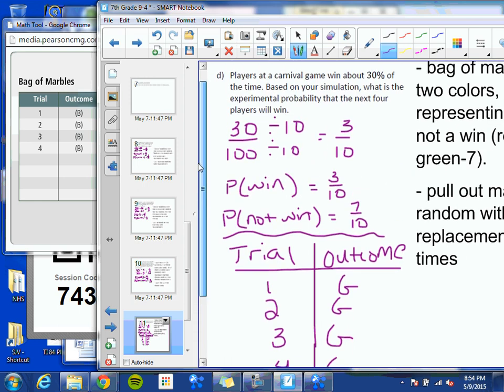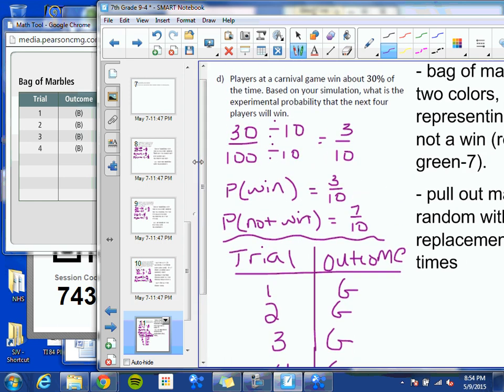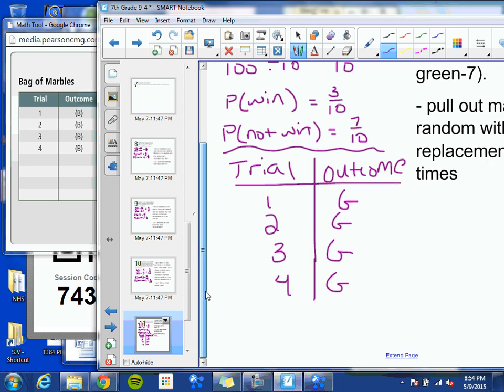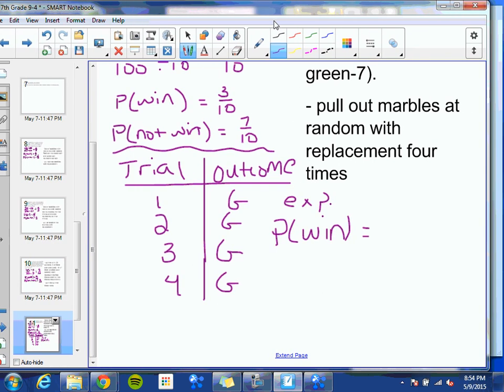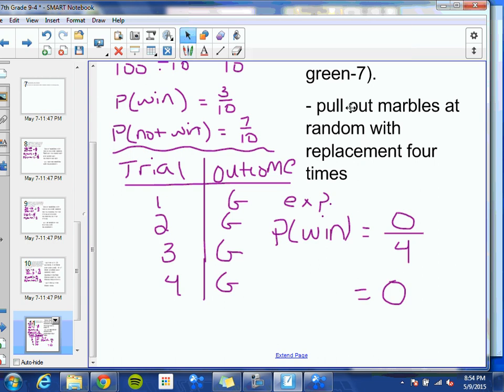And the question wants to know the probability that the next 4 players will win. Well, I have 4, so probability of a win, and this is experimental, equals, it's out of 4 outcomes, and I have 0 wins. So the probability of winning is 0 or impossible, and that is the experimental probability.